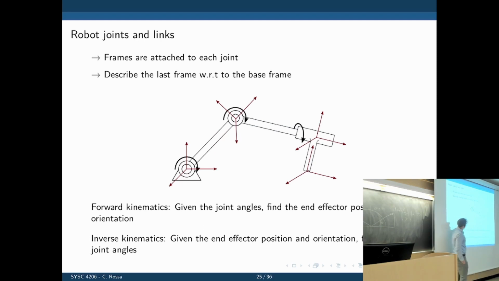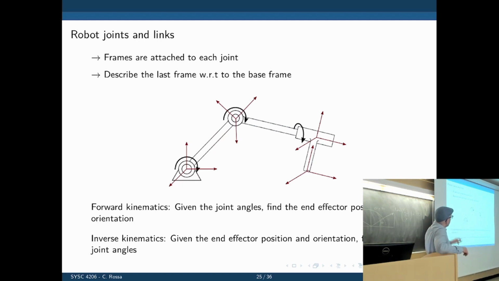So here we will have 2 rotations and 1 translation, and another rotation. So you have basically 4 homogeneous transformations, and we'll multiply them in cascade, so that now the last frame is known with respect to the first.